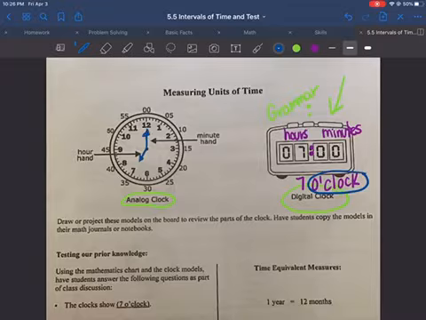The big hand is called the minute hand. The minute hand is pointing to 12, and the small hand is pointing to 7. So we can say that this analog clock reads 7 o'clock. Why? Because the big hand is pointing right at 12.